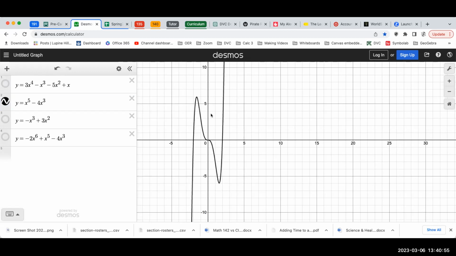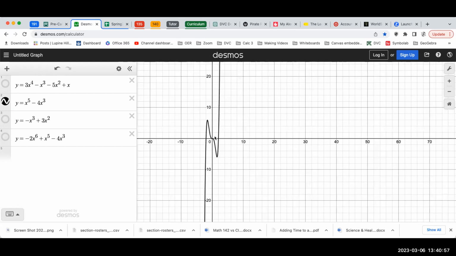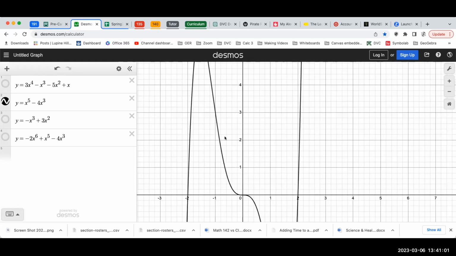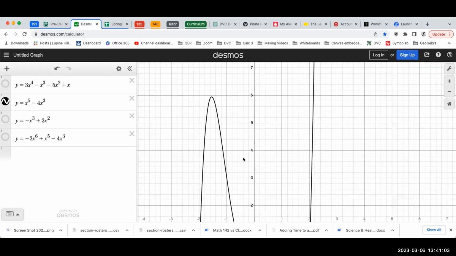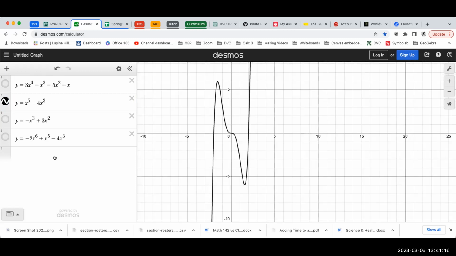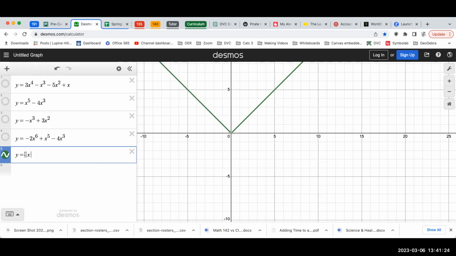Any sharp turns here? If I zoom out, it might look like it, but when you zoom in, it still turns in a nice smooth little turn here, right? It's still roller coaster-ish. Okay. Sharp is kind of like the absolute value. Let's say I flipped it.